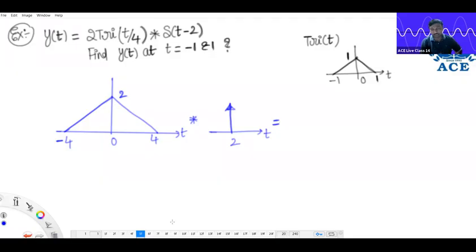What we said just now: signal convolved by impulse means it must be shifted. Because the impulse is on the right side, the triangle is right shifted by 2 units. Minus 4 to 4, right shift of 2 units.